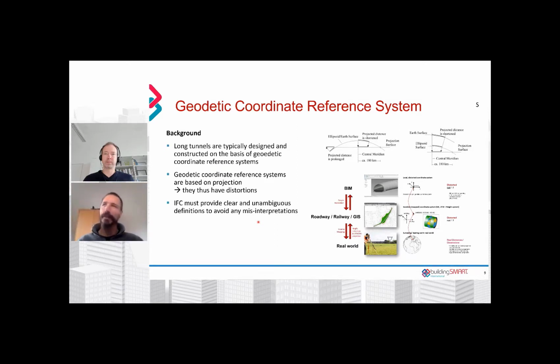geodetic domain, even supporting us, especially for clarifying the new entities, the new definitions, and also for coming up with proper templates, which will be the second part of our work.